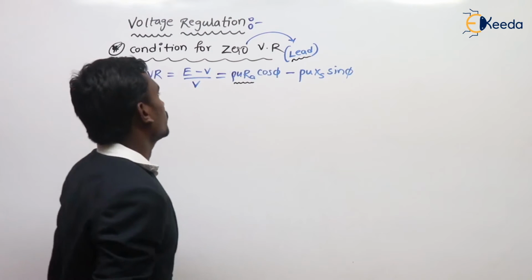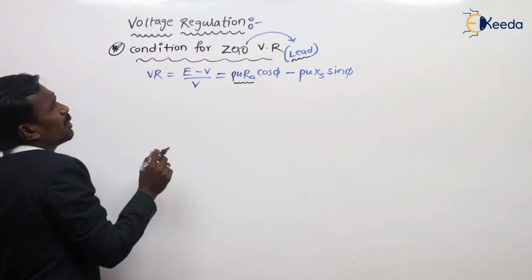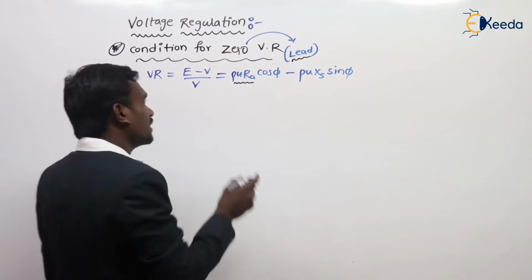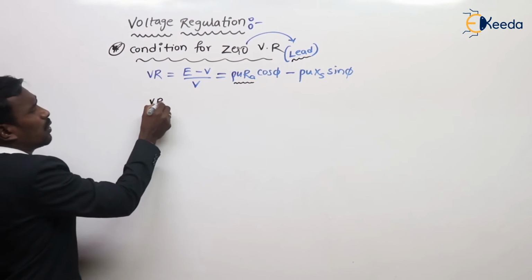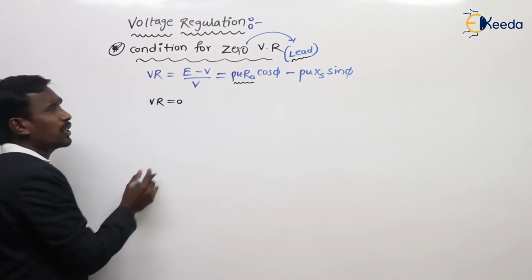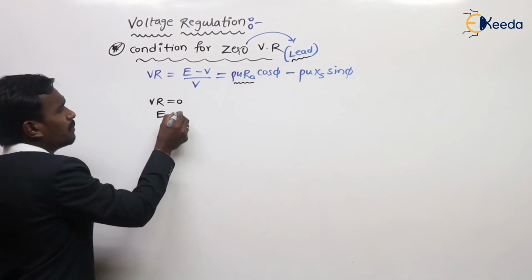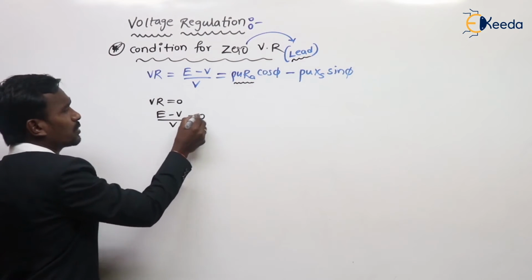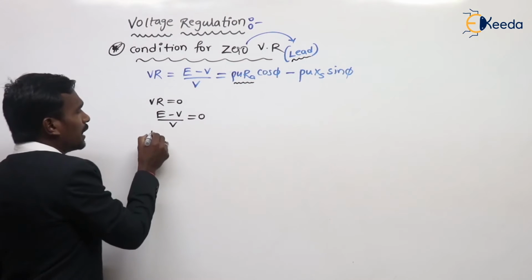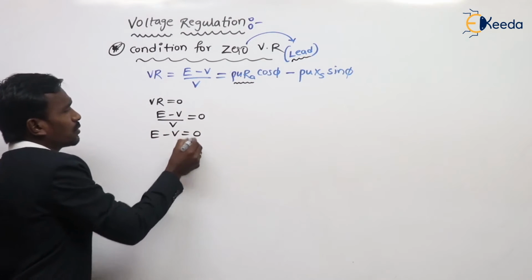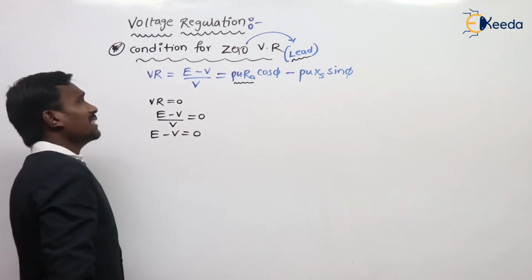Right? Next one. Here I want the condition for zero voltage regulation. That's why we have to make it zero. Voltage regulation is equal to zero, or simply E minus V upon V is equal to zero. Simply E minus V is equal to zero. What is E here?